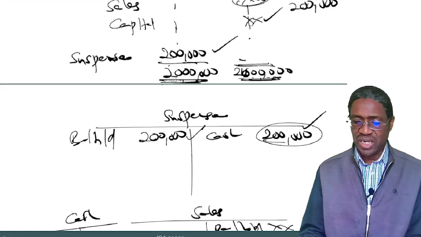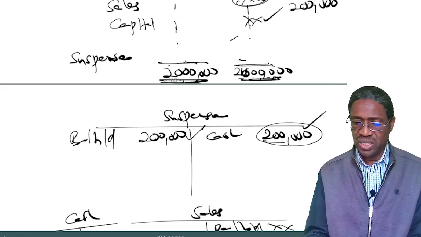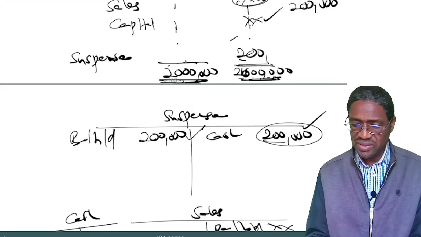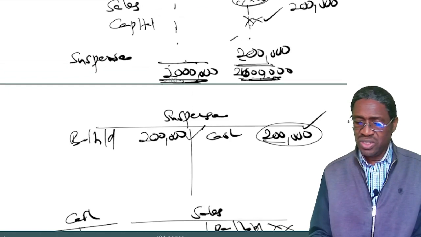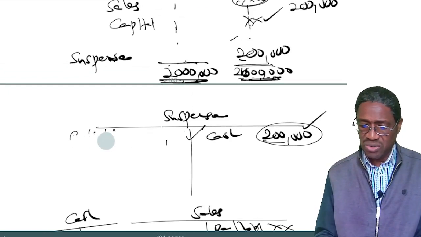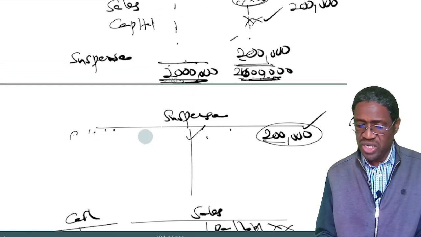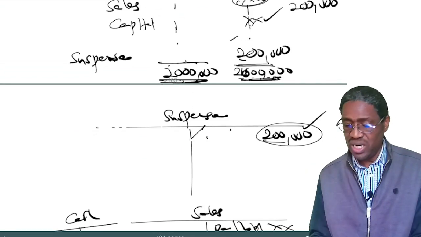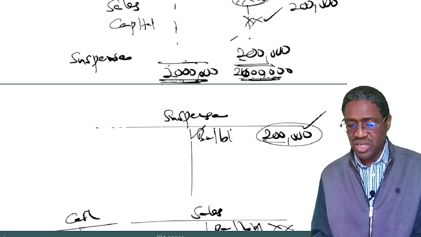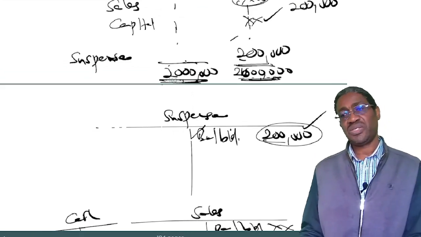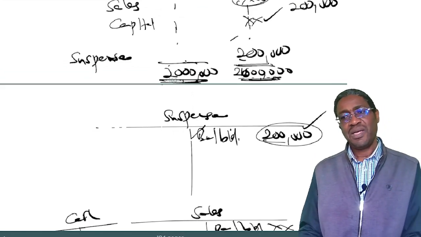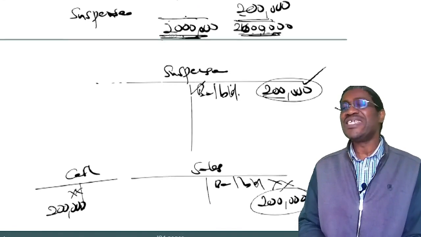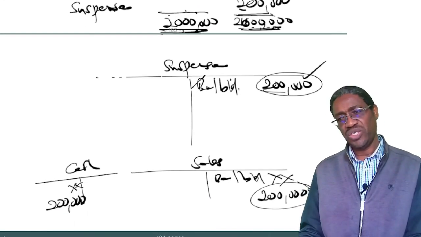Let me go back and assume it is the original one, the credit, 200. So what did I do? I prepared my suspense account and I put the amount on the credit column of the trial balance. So my suspense account had a credit balance. Later, I discovered where I went wrong.